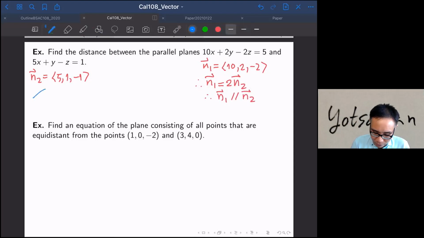So let's draw two planes. You have two planes that are parallel to each other.